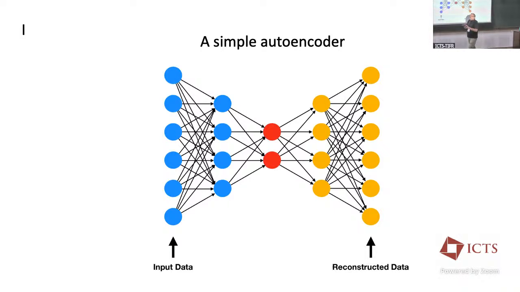So it's the most silly thing you can imagine. You can say, well, if you want this to be equal to this, why not write the identity? You could. But the challenge here is precisely to ask the network to have a minimal number of units in what is called the latent space. So you compress information like a bottleneck.